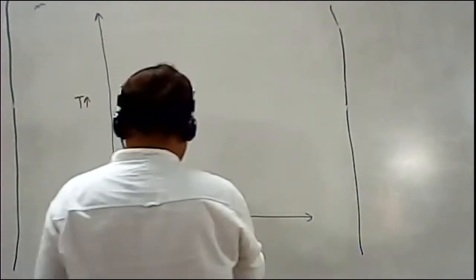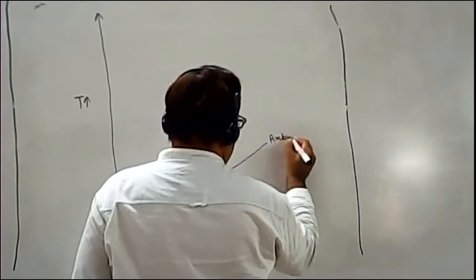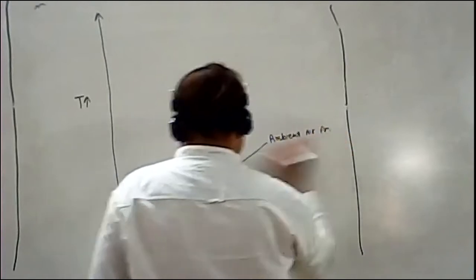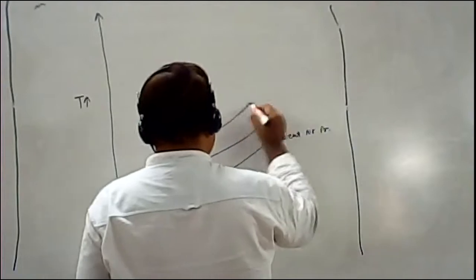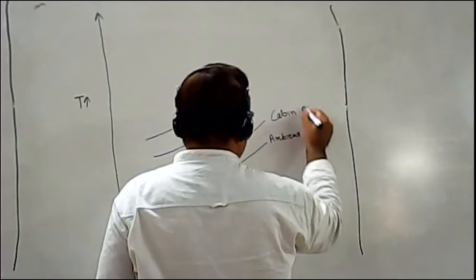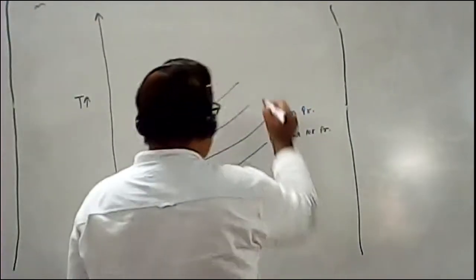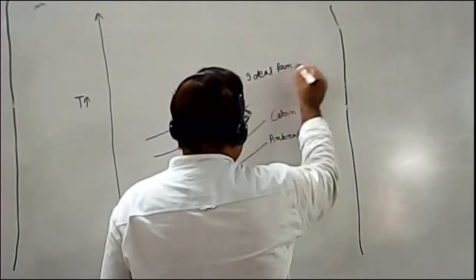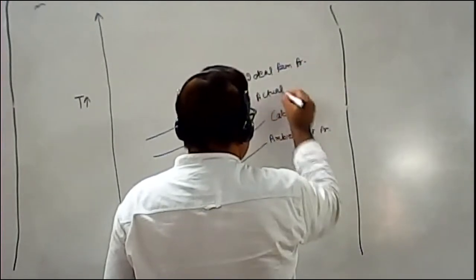So look at here, we have ambient air pressure, next we have cabin pressure, then we have ideal ram pressure, then we have actual ram pressure.